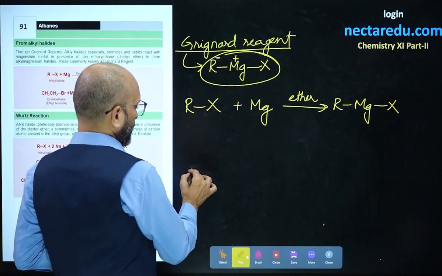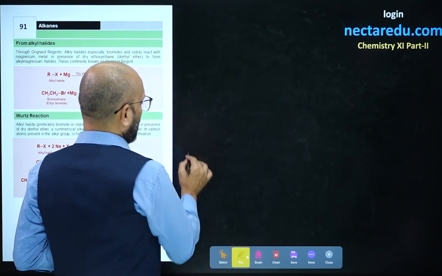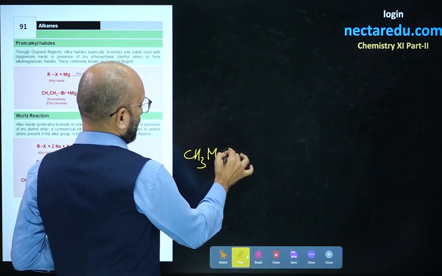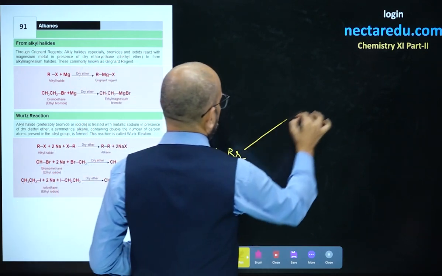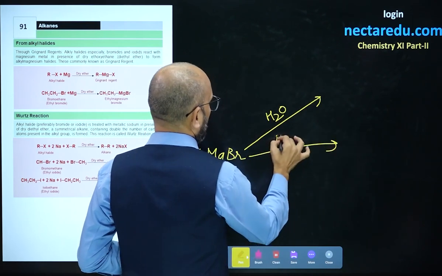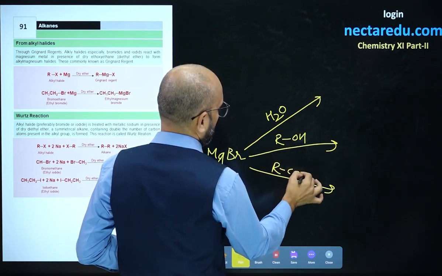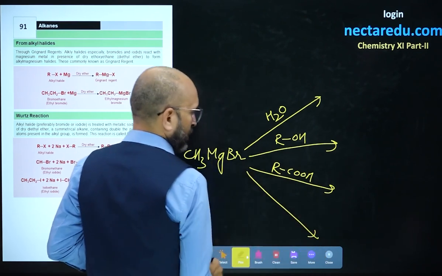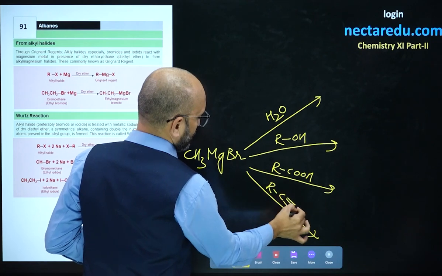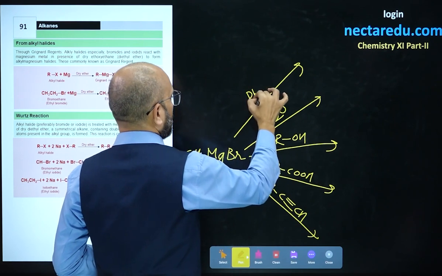Check it out here. Let's say we take CH3MgBr and we let it react with water, alcohol, carboxylic acid. For that matter, you can also take a terminal alkyne, RC triple bond CH, or a phenol.